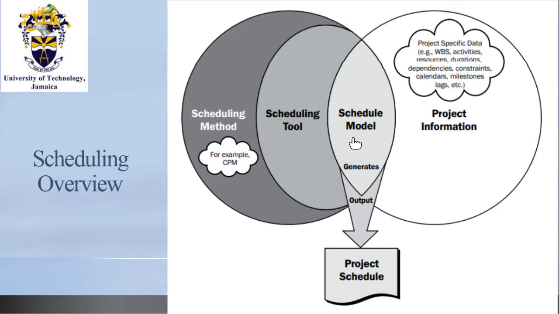What are their dependencies, whether or not we have constraints, what are the various calendars that we will generate to include resource calendars, milestones, leads, lags, etc. So that is the vast amount of information that we will need to input into the scheduling model, and of course our output will be our project schedule.